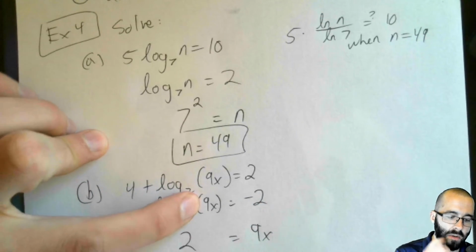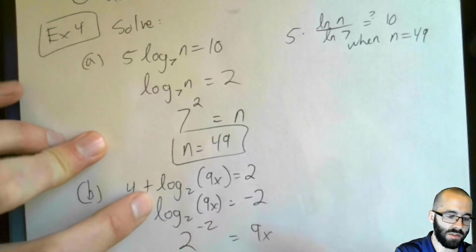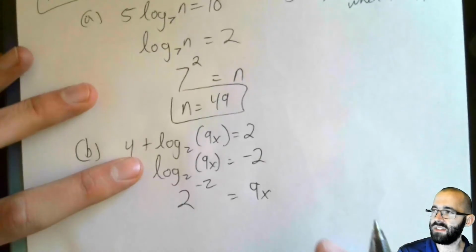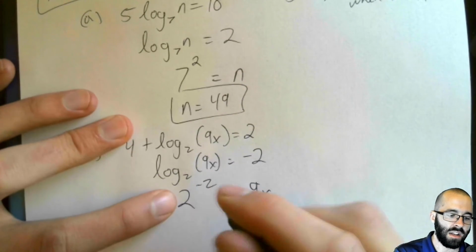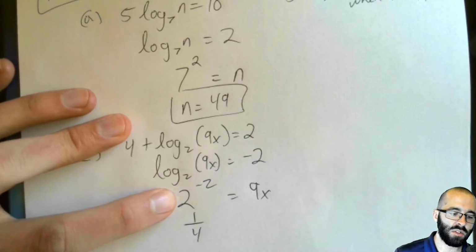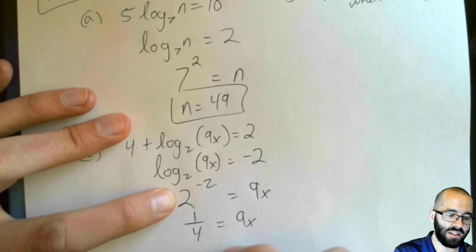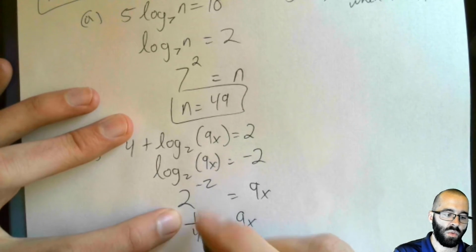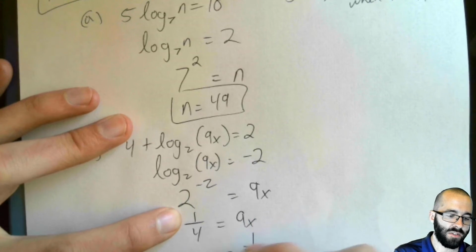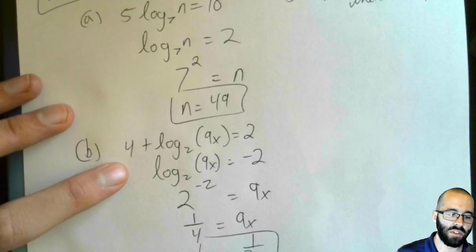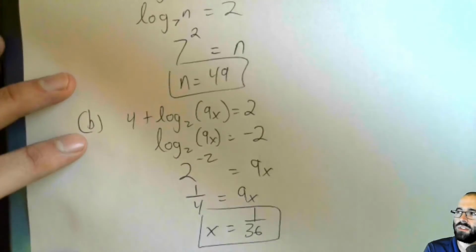Input becomes output. Output becomes input. So we got 9x is equal to 2 to the negative second. Negative exponent means reciprocal. 2 squared is 4. So we get 1/4 is equal to 9x. Divide both sides by 9. 1/4 divided by 9 is 1 over 36. So x should be 1 over 36, and we could check our answer here as well.